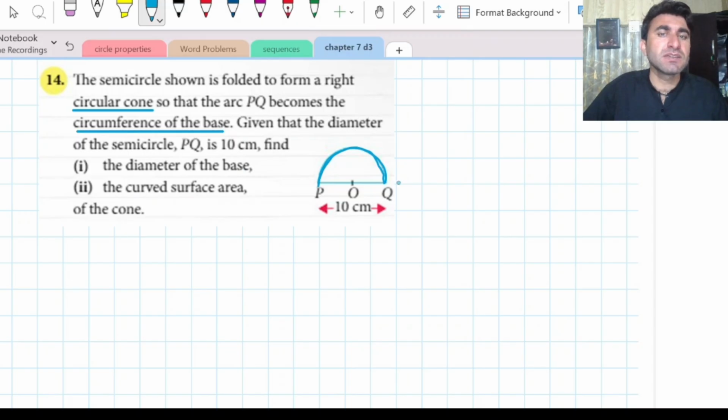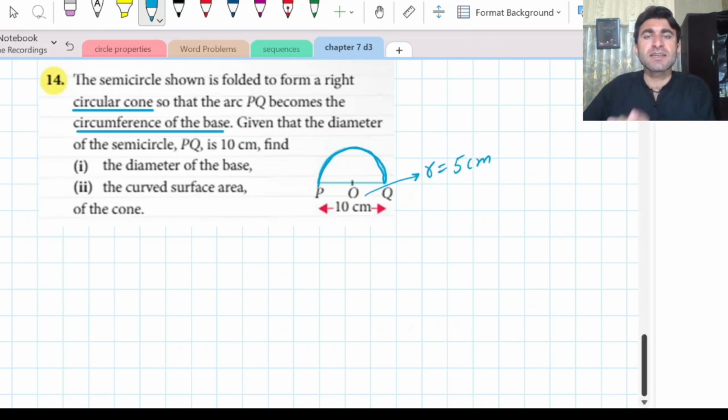Now we are given the diameter of this semicircle, so its radius will be definitely 5 centimeter, because whenever we fold a sector, it converts into a cone, and the radius of that sector equals the slant height of the cone.